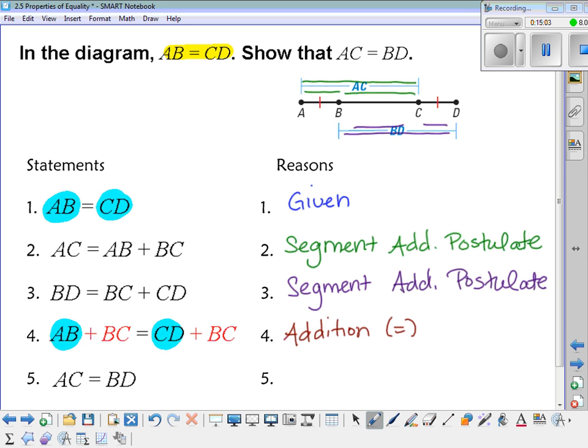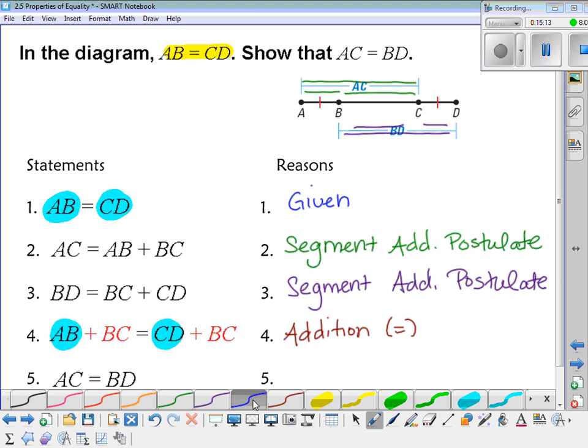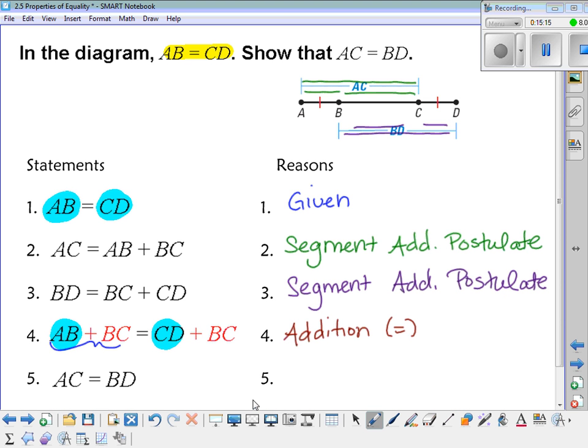And then finally, somehow they got from AB plus BC equals CD plus BC down to AC equals BD. So how did they do that? How could they, instead of writing AB plus BC, write AC? Well, up here, here's AB plus BC on step 2, and they said that that was equal to AC.